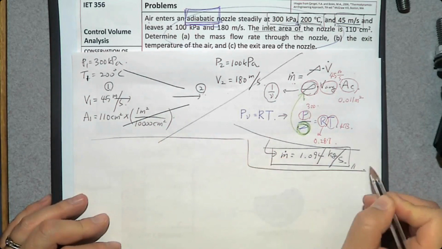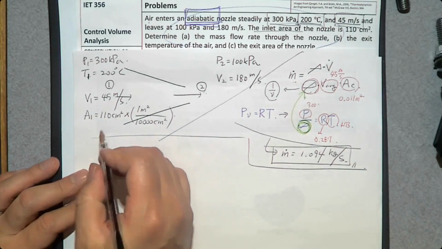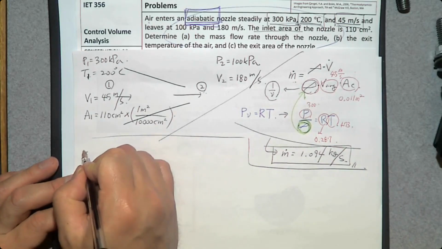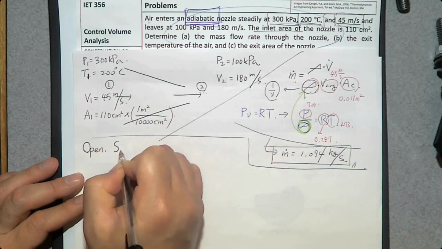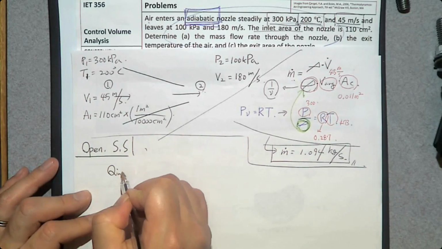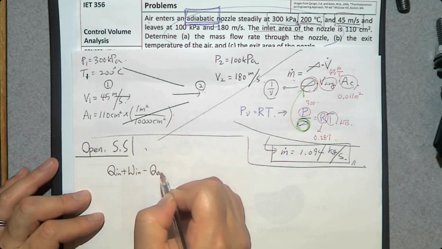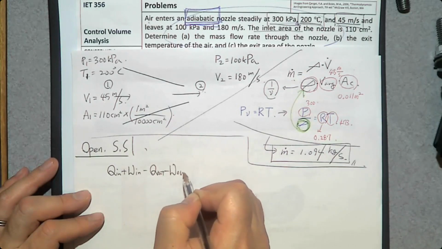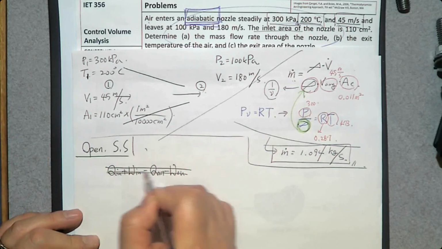If you don't remember, you can start with the general energy balance equation for a steady state open system. I'm sorry, Q in plus W in minus Q out minus W is the energy balance equation for a closed system.